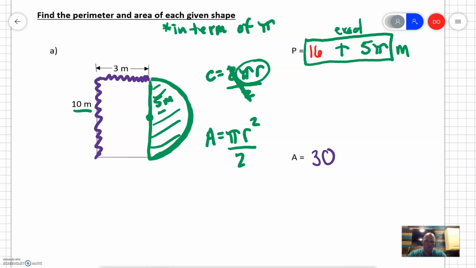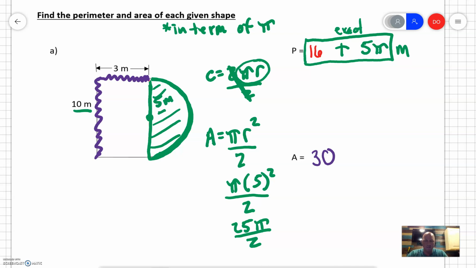The radius of that circle is 5, so I have 5 squared times pi, and in the end I'm going to divide that by 2. So we have 5 squared being 25, so I have 25 pi divided by 2.